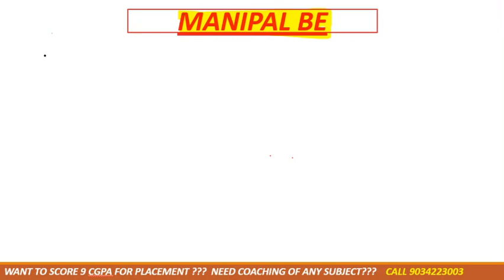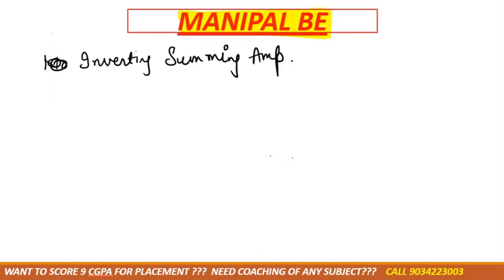Now the next case is the inverting summing amplifier. In your syllabus there is only the inverting summing amplifier, there is no non-inverting summing amplifier. As its name suggests, summing means adder, it is adding something.